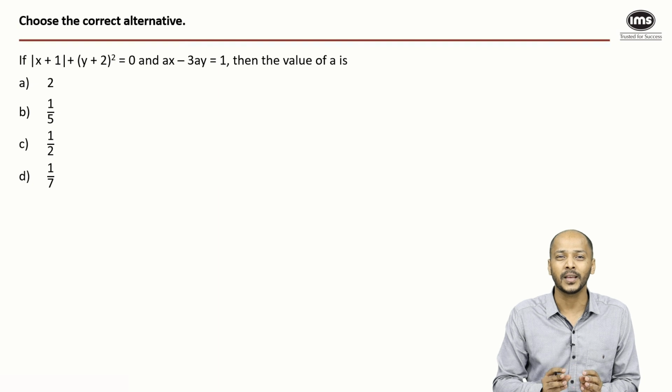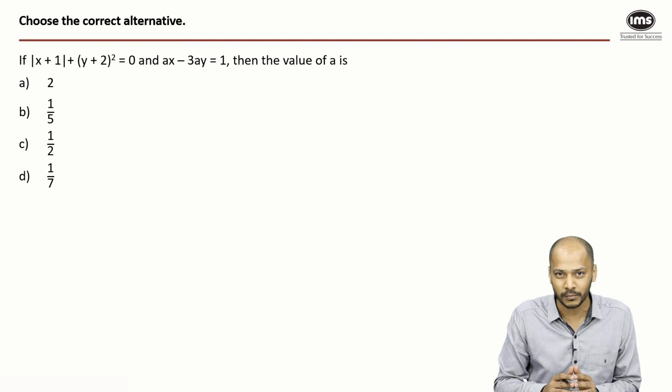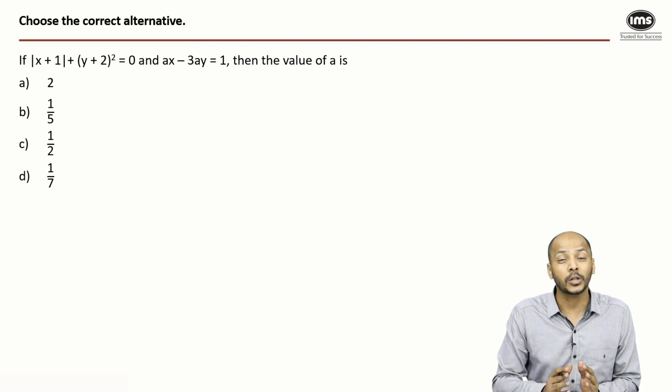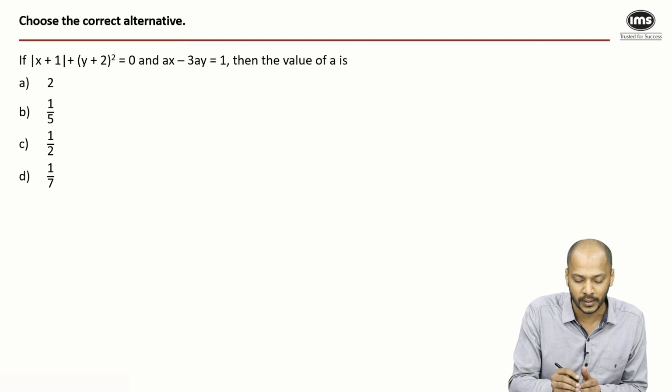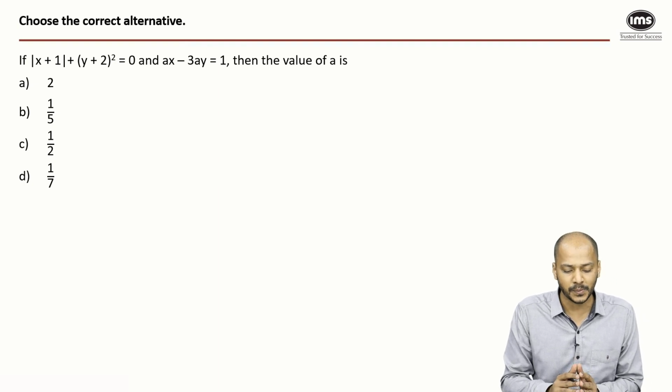Anyone who has done preparation for IPMAT would know that modulus can never be negative and whole squares also can never be negative. So if you look at the first equation given in this question, that is, if |x + 1| + (y + 2)² = 0 and ax - 3ay = 1, then the value of a is.